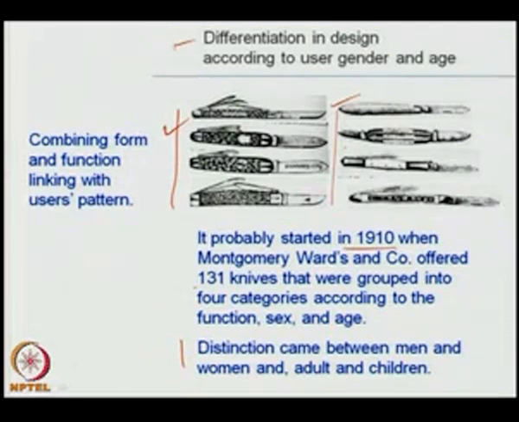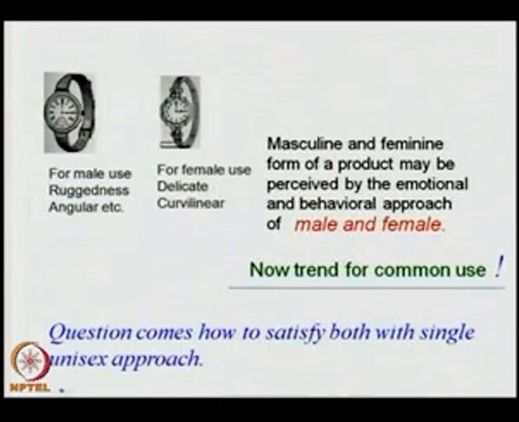But it is not always true, because now people like unisex products. Another example: if we see this watch and this watch, we simply say that it is male type and it is female type. But why?